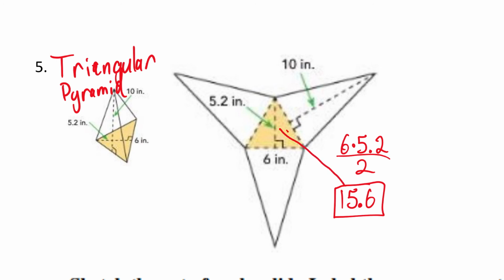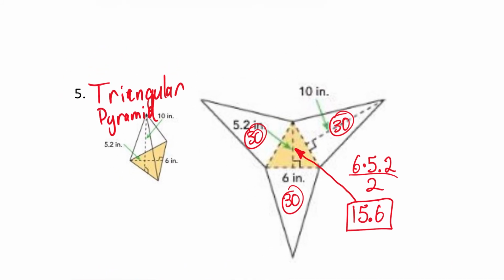So 15.6 is the area of that. Now to find the area of the other triangles, the other 3 will be the same. So on that one it has a base of 6, a height of 10. So 6 times 10 divided by 2 is what? Will be 30. So those three have an area of 30. The smaller triangular base has an area of 15.6. So what's the total area of that thing going to be? 105.